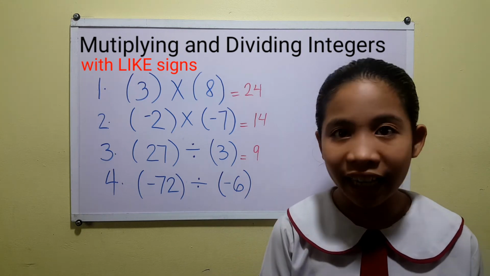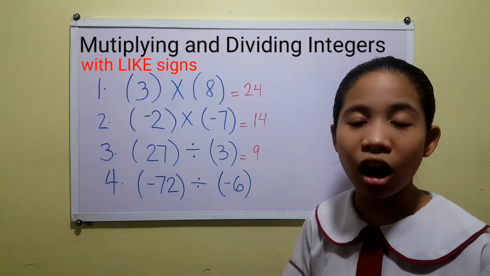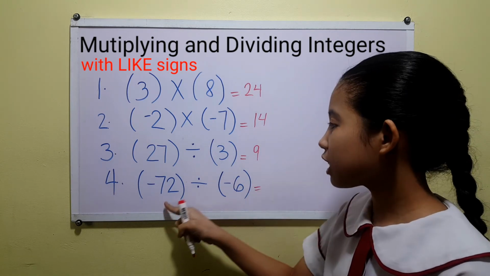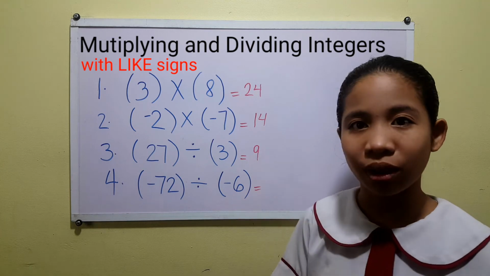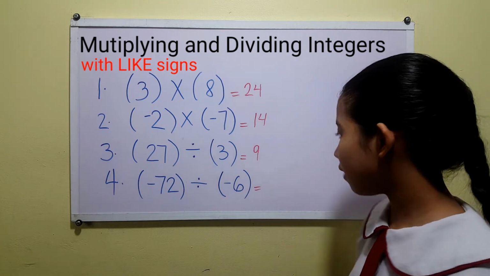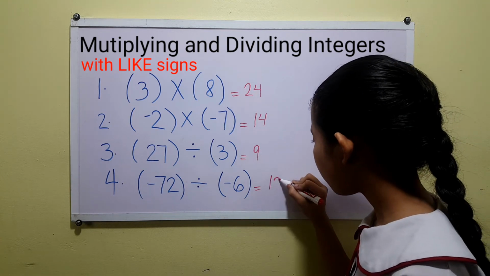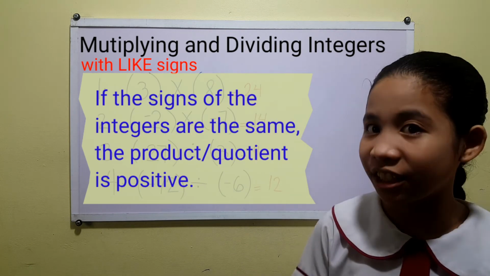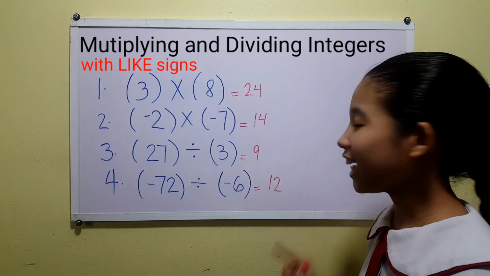Remember that negative divided by negative is always equal to positive. So 72 divided by 6 is equal to positive 12. And that is how you can multiply and divide with like signs.